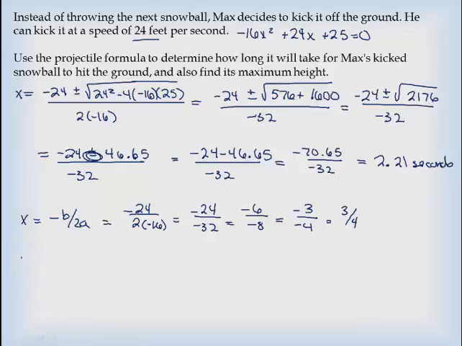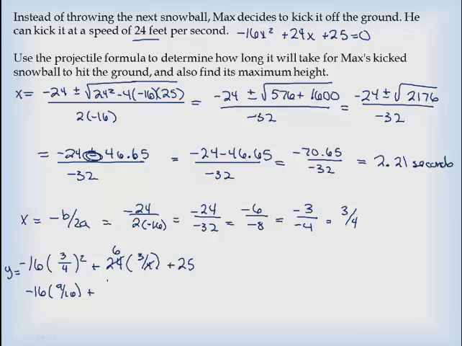Then I need to plug that in. So I have negative 16 times 3/4 squared plus 24 times 3/4 plus 25. That's what y will equal. 3/4 squared is going to be 9/16. So that's going to be negative 16 times 9/16 plus 4 goes into 24 6 times.